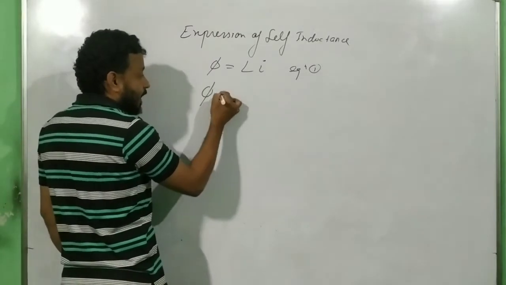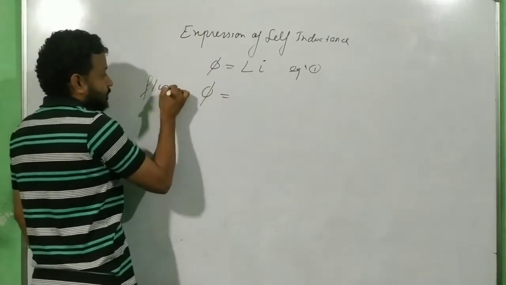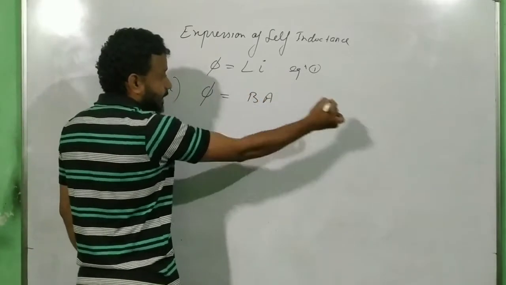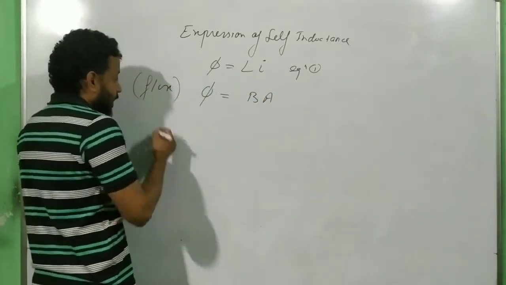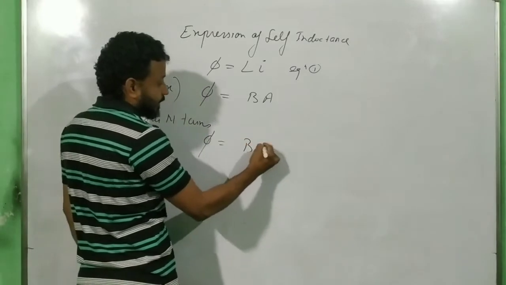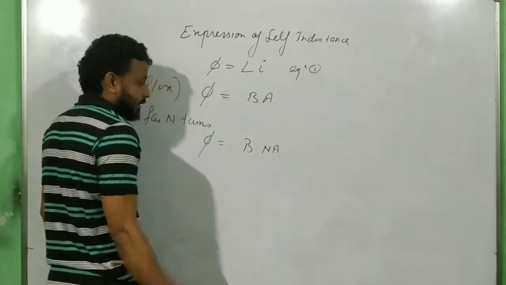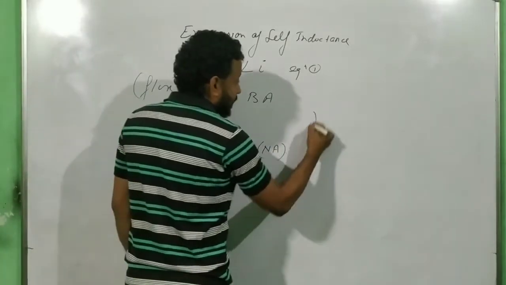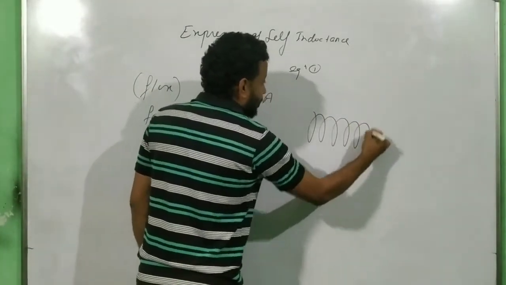Also, we know that flux phi is equal to field multiplied by area. For n number of turns, flux will be equal to field multiplied by n times area. Now what is the field? Remember we are talking about a coil, which is in the form of a solenoid.